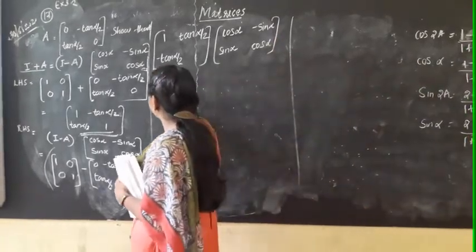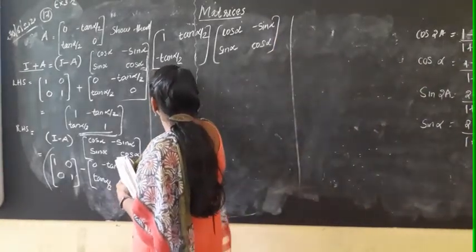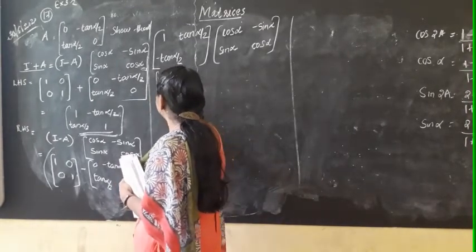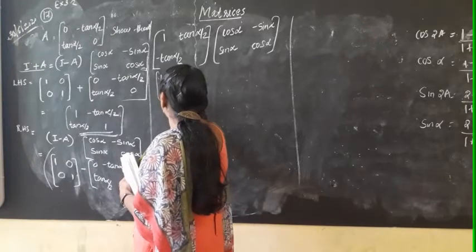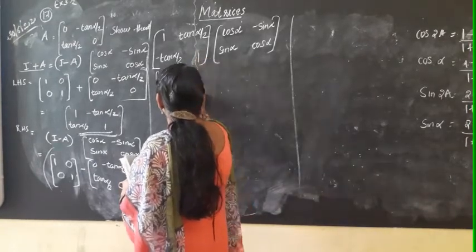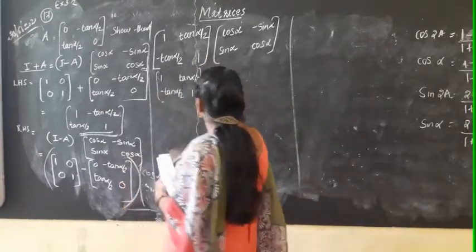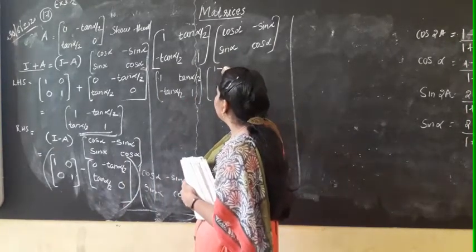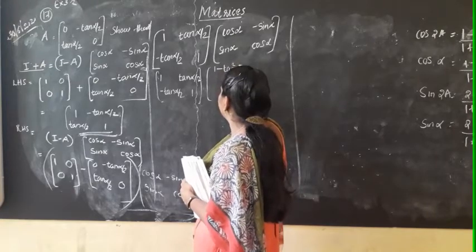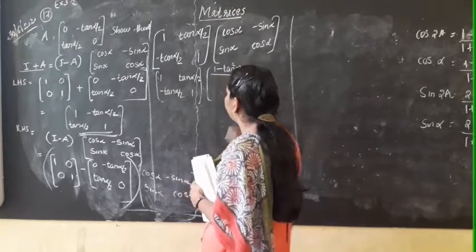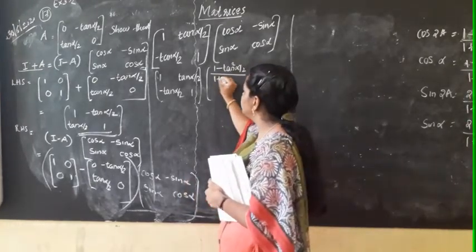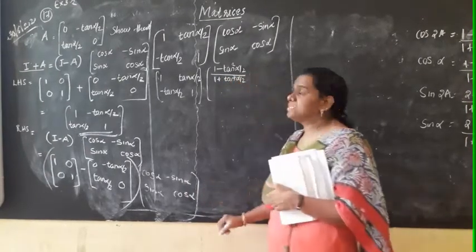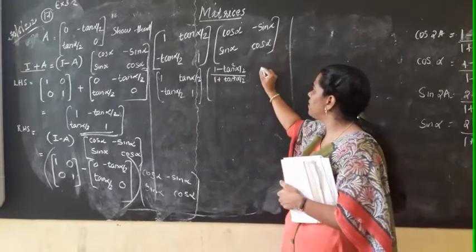So here instead of cos alpha and sin alpha we can write it like that. Then our matrix becomes 1, tan alpha by 2, here it is minus tan alpha by 2, the element is 1, into. Here how to write cos alpha? Cos alpha is 1 minus tan square alpha by 2 divided by 1 plus tan square alpha by 2. And how to write minus sin alpha?